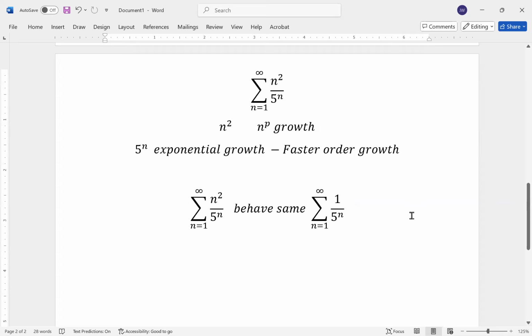It's going to behave the exact same as this. And this series, this one on the right, is geometric with an r of 1/5. So we know that converges.